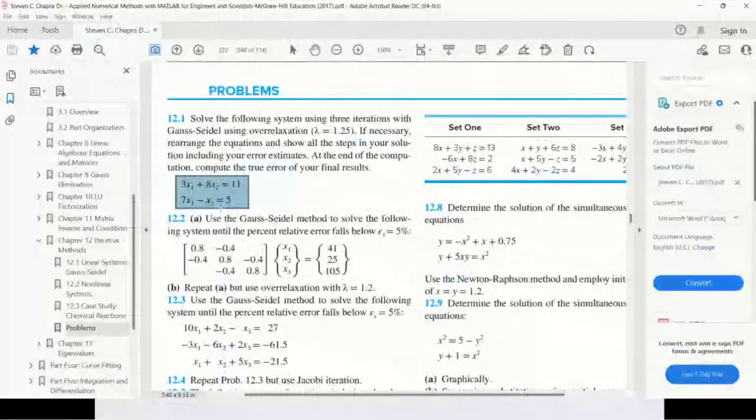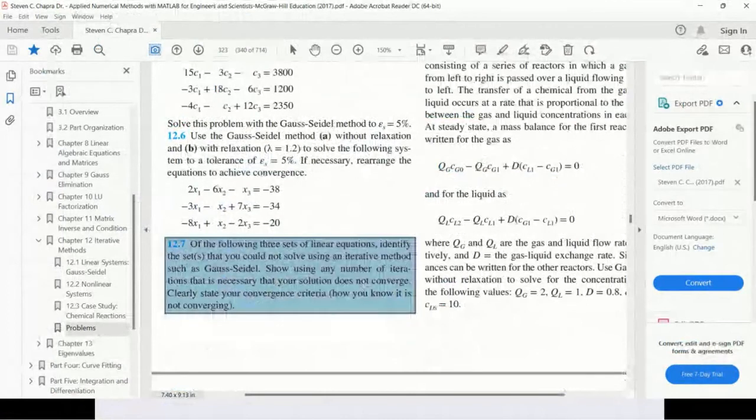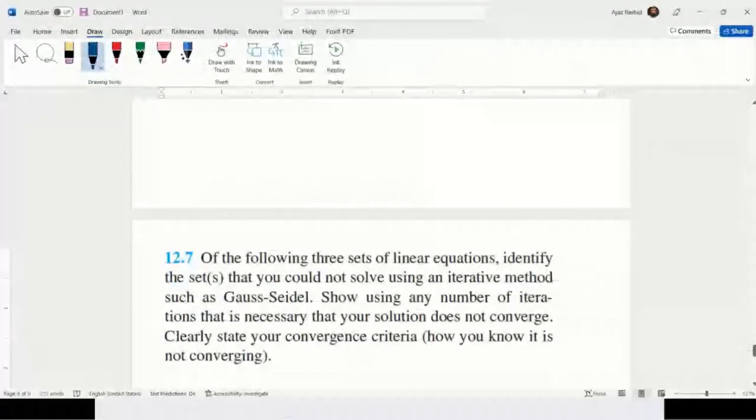I'll go to problem 12.7. It says, of the following three sets of linear equations, identify the set or sets that you could not solve using an iterative method like Gauss-Seidel.